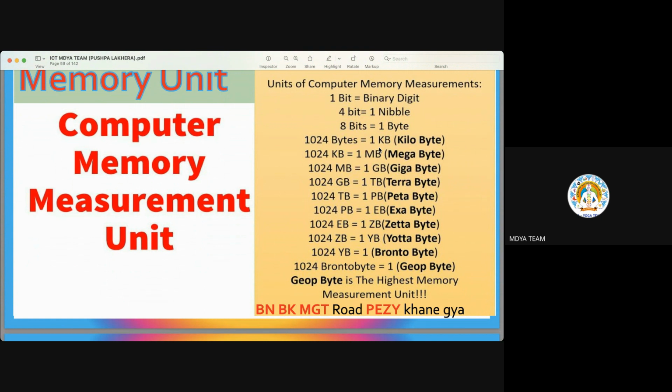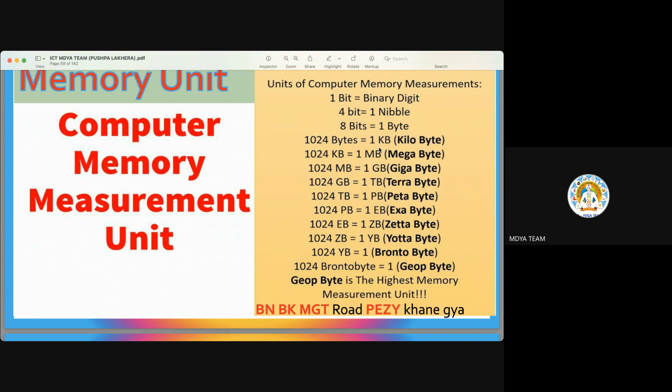And again, there is 1 kilobyte. Kilo generally means 1000 in decimal, but in binary it comes to 1024 bytes. Right? And if you increase it again by 1K more, then it will be 1 MB, 1 megabyte.